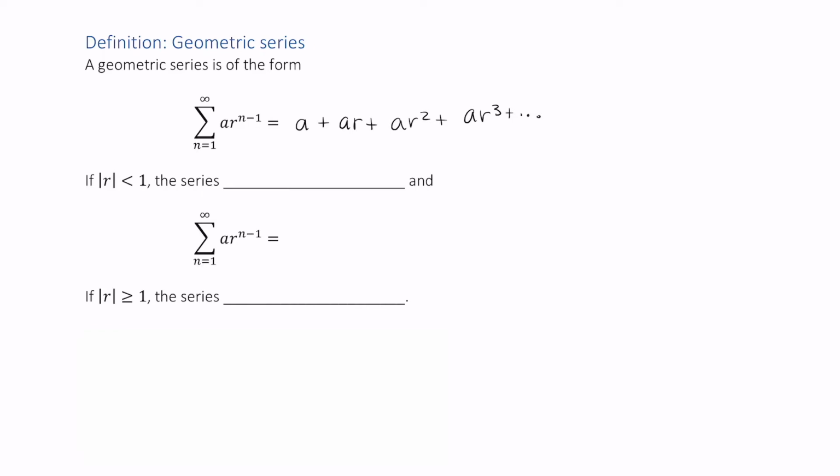The important part is, if this fixed quantity, that is our common ratio, is less than 1, so its absolute value is less than 1, then this series is convergent.